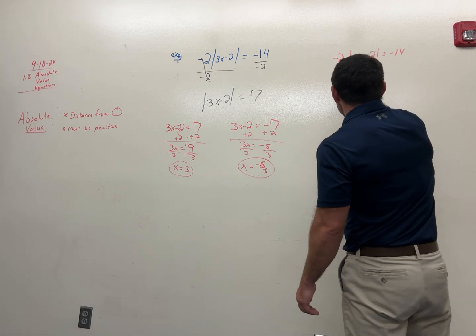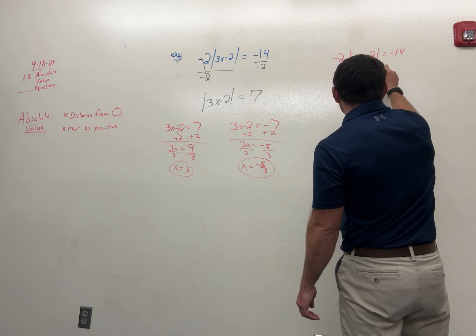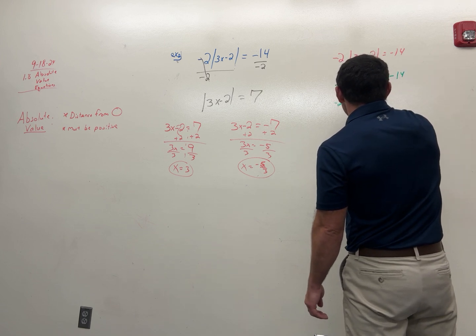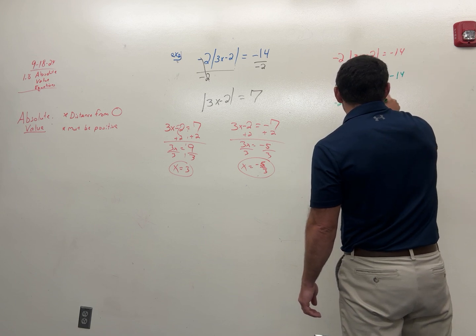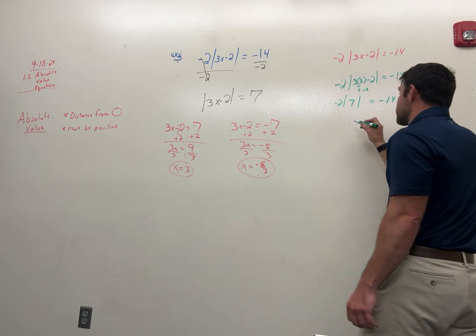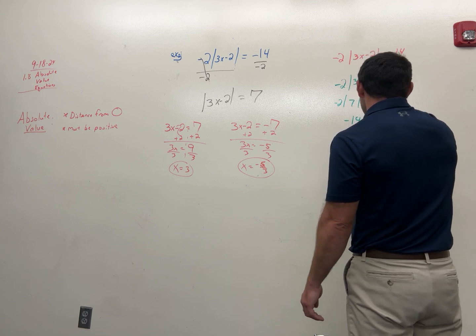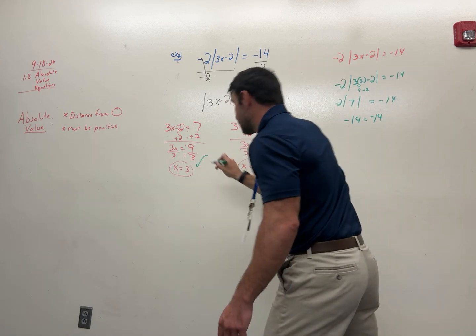So negative 2, the absolute value of 3 times 3 minus 2 equals negative 14. Inside that grouping symbol, I have 9 minus 2, which is 7. The absolute value of 7 is 7, so negative 2 times 7 is negative 14, equals negative 14, which means 3 works.